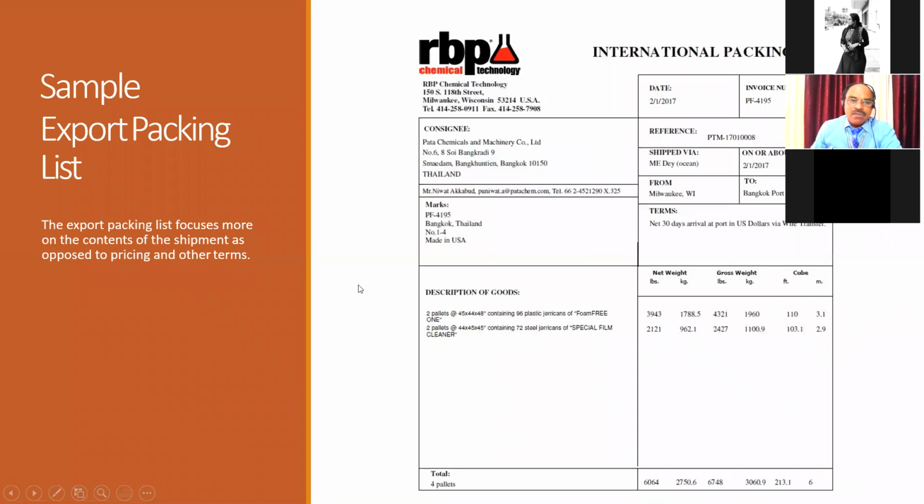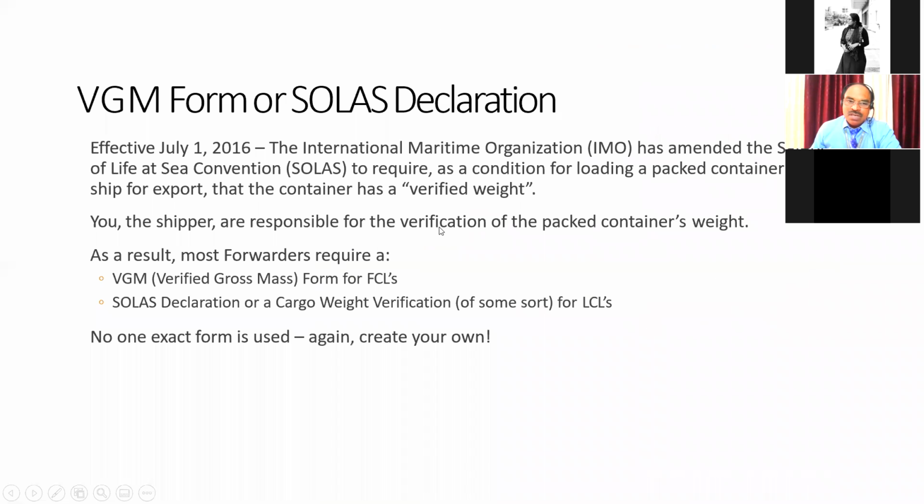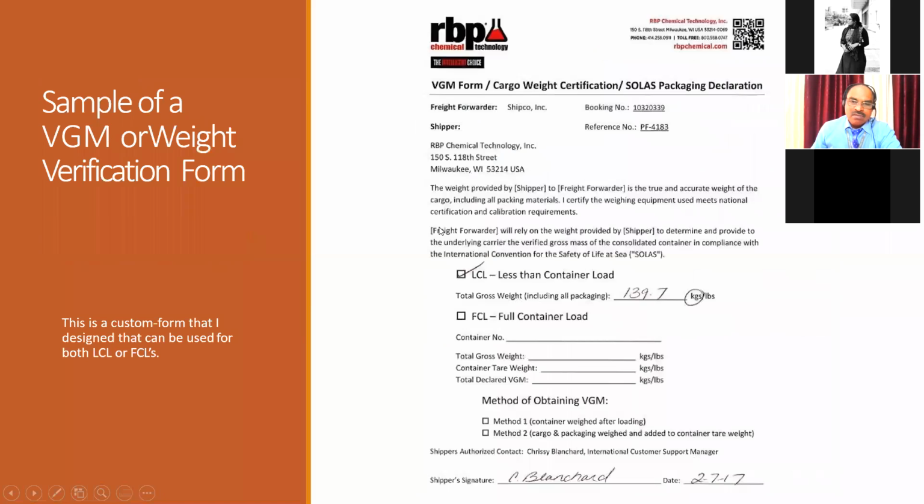Here is the sample of the export packing list, because this is a legal document which will be handed over to the freight forwarder. The net weights are mentioned in both pounds as well as kg, because that is the usual term we use at the international level. Both, so that we can understand.